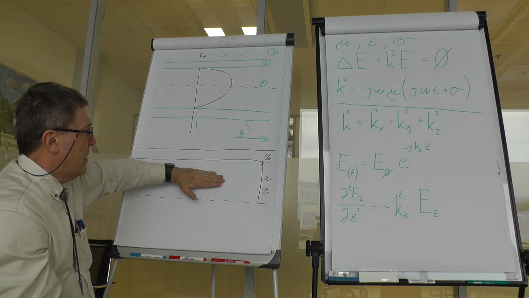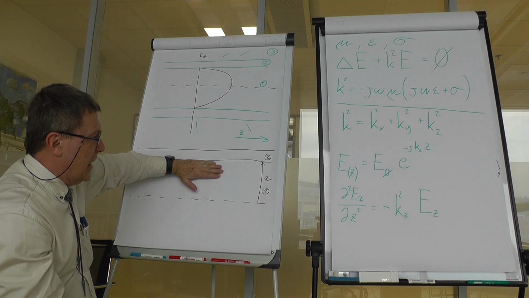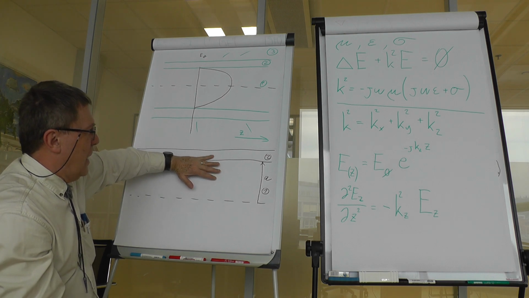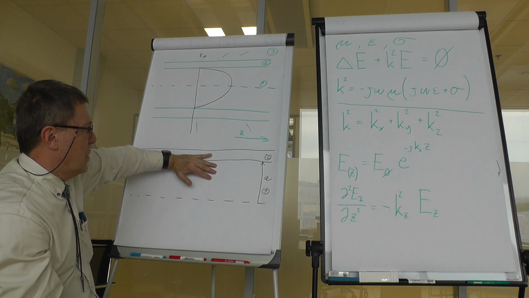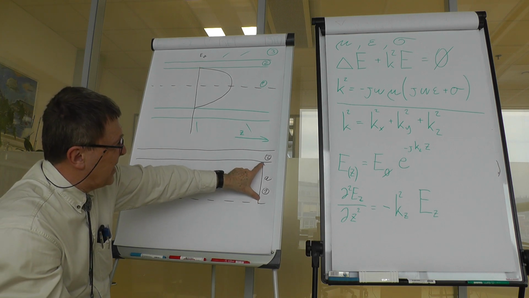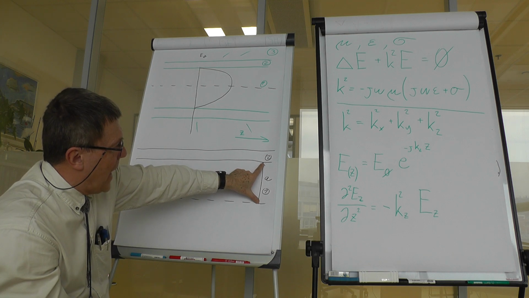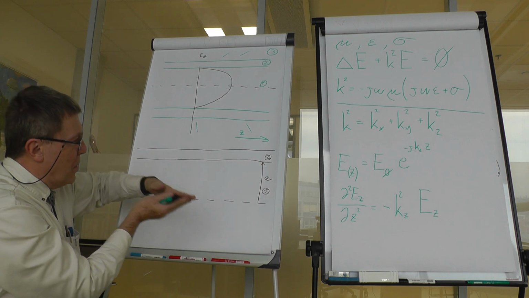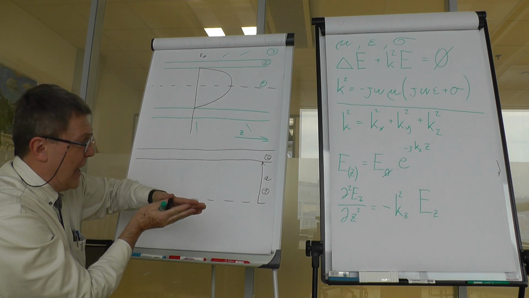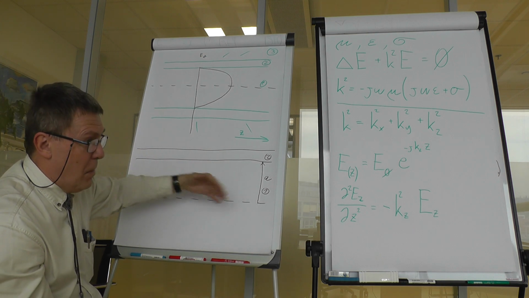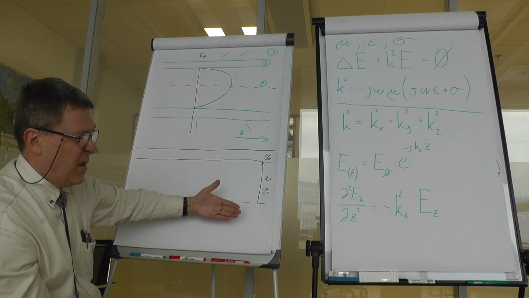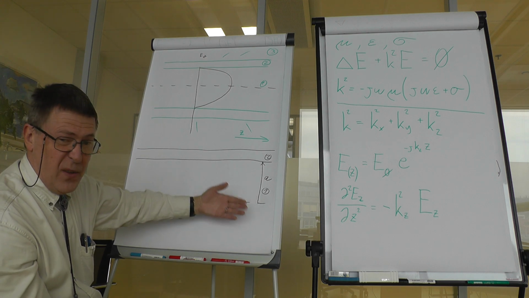So between the inner material and the outer material at the height of A, both electric field strengths within the second layer and within the first layer must be identical. That's a boundary condition, tangential field components.